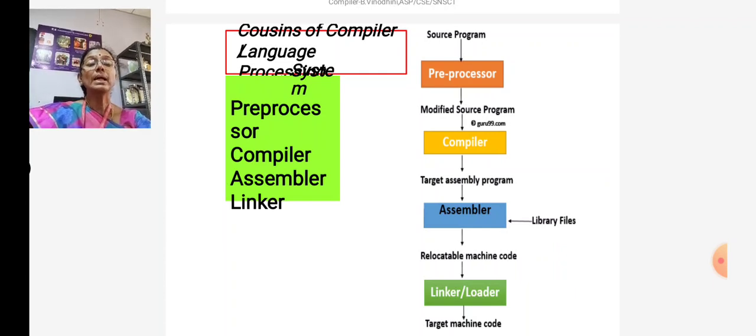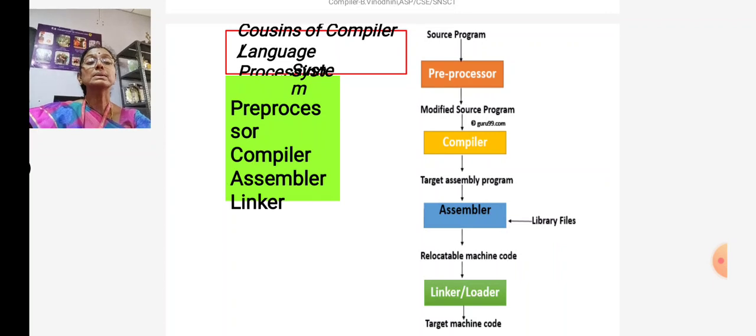In the language processing system we have 5 types of translators: preprocessor, compiler, assembler, linker and loader. Each translator has a specific input and output.